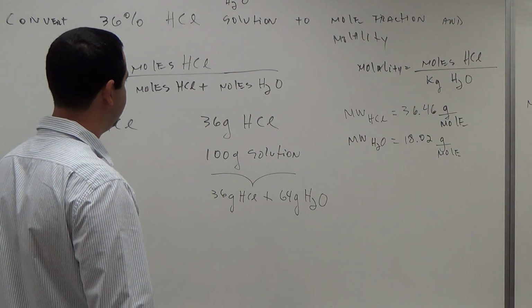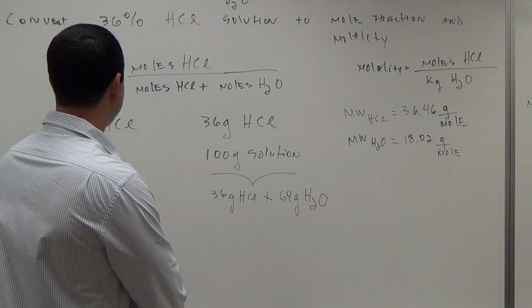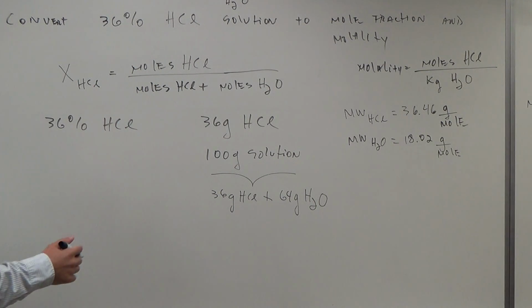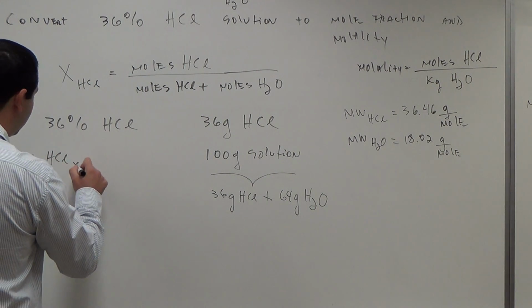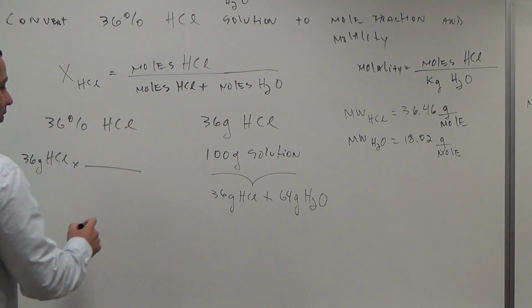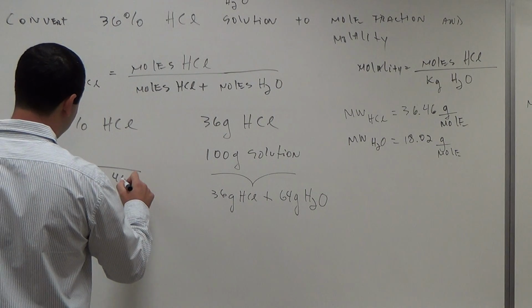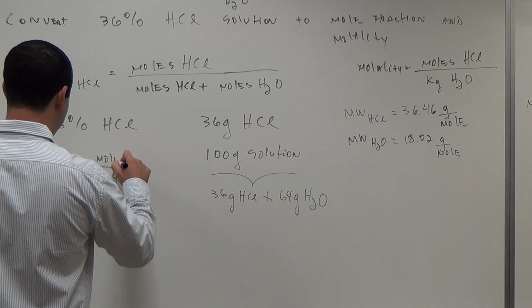All right, now we are going to convert the grams to moles. So we can take moles of HCl: 36 grams of HCl divided by the molecular weight of HCl, which is 36.46 grams per mole.